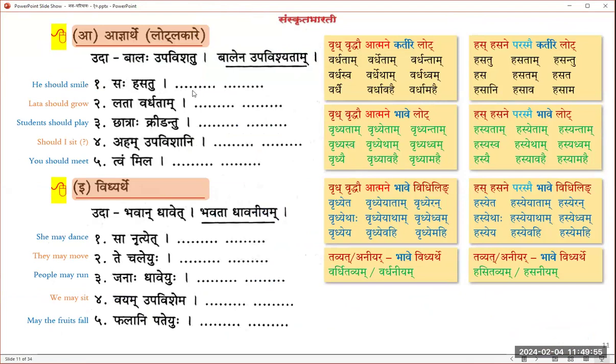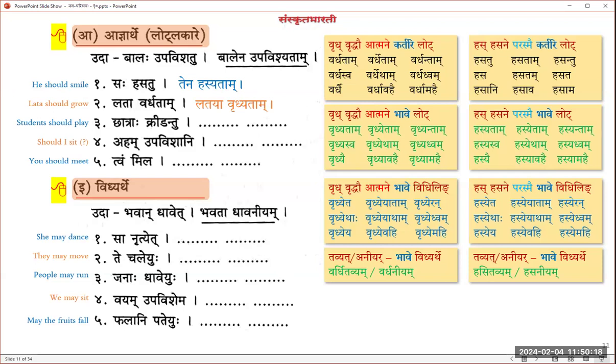Saha hasatu, tena hasyatam. So saha goes to tena and hasatu goes to hasyatam. Lata vardhatam, lataya vardhyatam. Okay, Vridhyatam I have written.